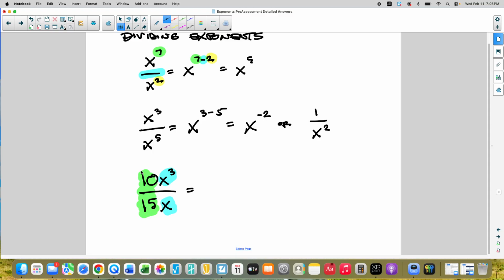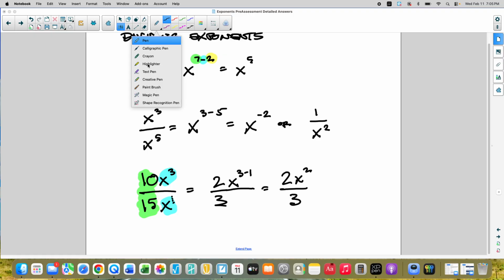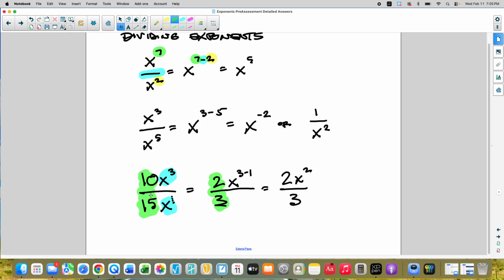That would be a fraction that reduces to 2/3. Then we have x to the 3 minus, there's an invisible 1. That takes place in the numerator. So this simplifies to 2x squared over 3. Really, really important for us to comprehend this and do this correctly. Way too many people struggled with that concept.